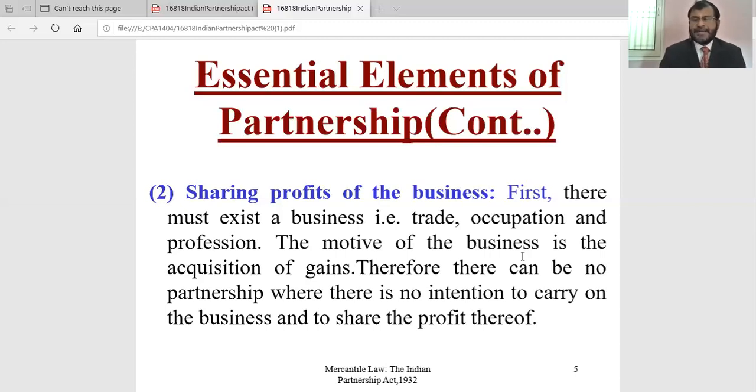This partnership is to carry out the advocacy profession, to file briefs and take cases of the clients who come, whether it is an individual client or a company. For these three purposes mainly, partnership must be formed. And the take-home point is that sharing of profit of the business is the most essential ingredient of a partnership.